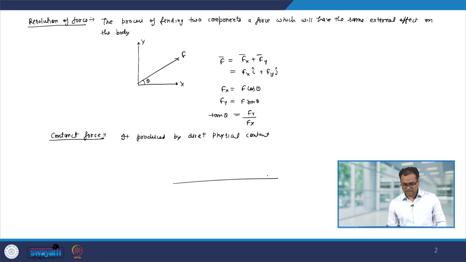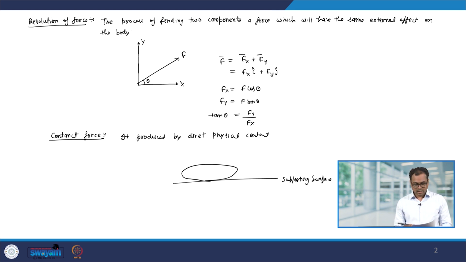For example, let us say I have a supporting surface and you put a body on it. Herein the body will experience a contact force because it is in contact with the supporting surface.